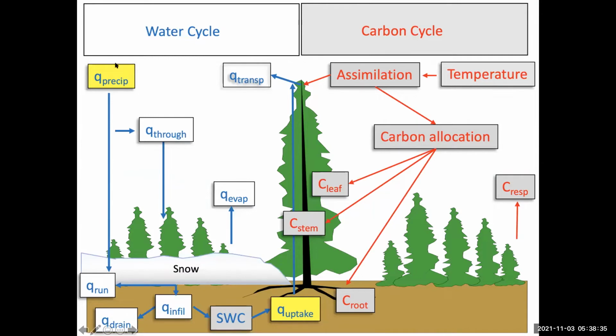Here we have precipitation falling onto the ground and getting transferred as soil water content, and then being taken up as soil water to the leaves, where it contributes to photosynthesis and then gets transpired.